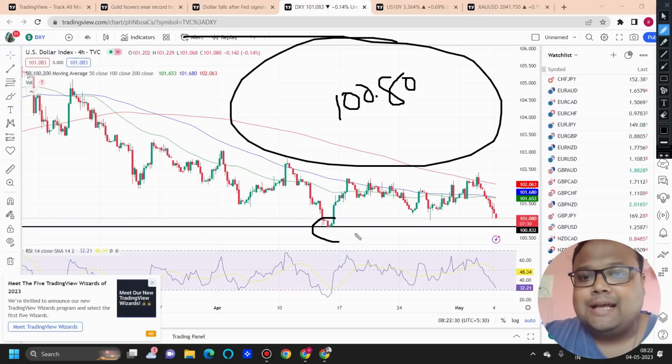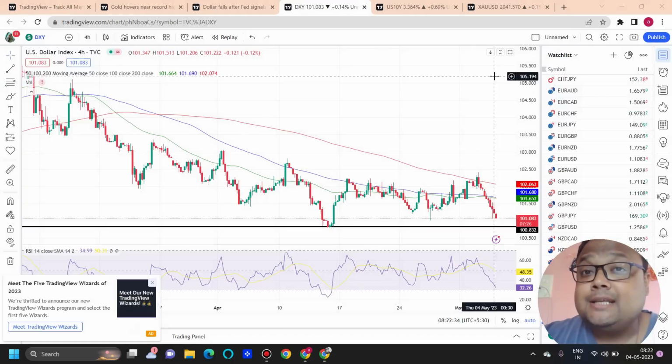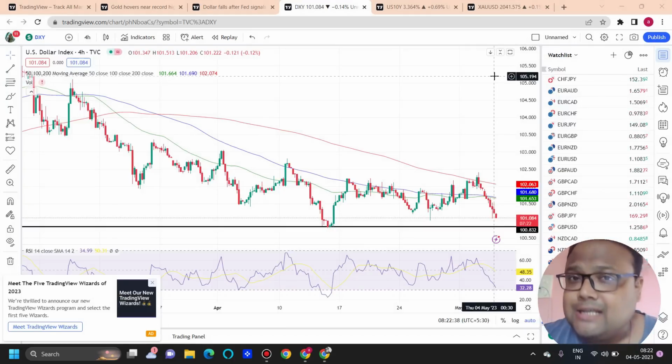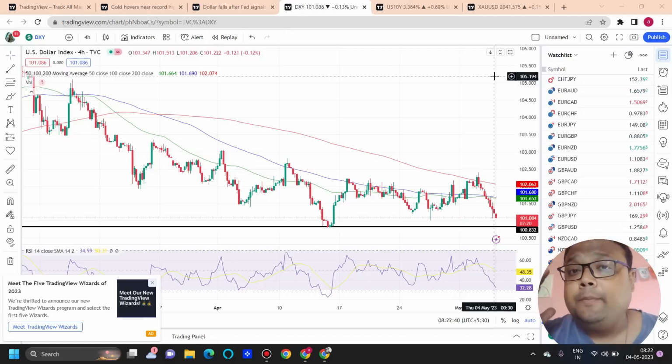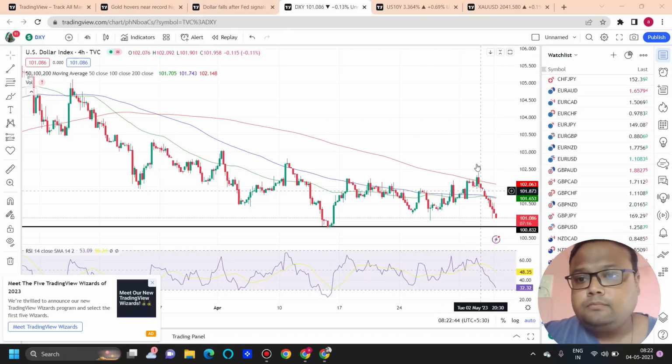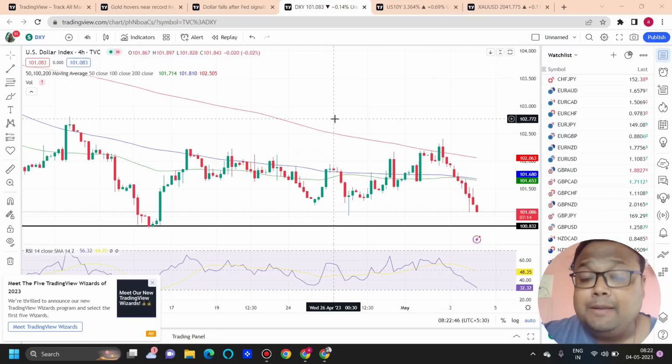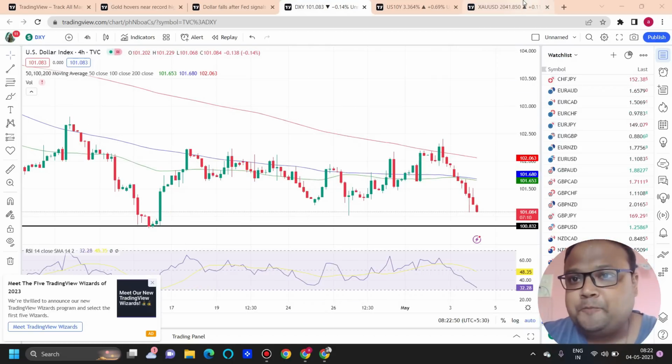So this is the last level for DXY. Let's wait and watch what DXY does. Technically, this is the last support, but fundamentally there is a high chance that DXY and US government bonds will break the support, because the market sentiment is supreme after all, and we cannot deny that.